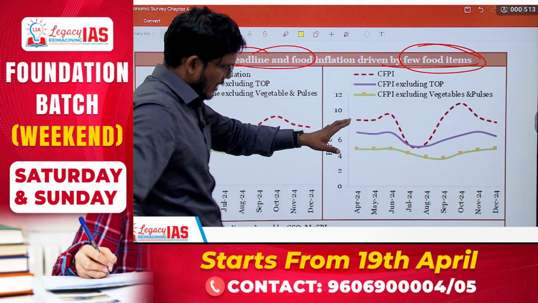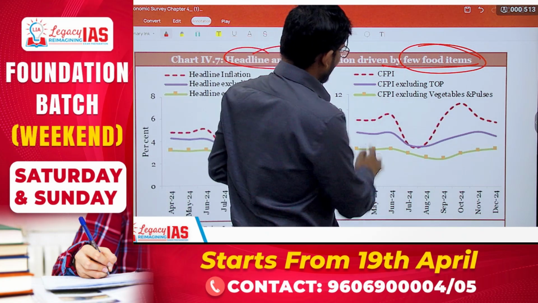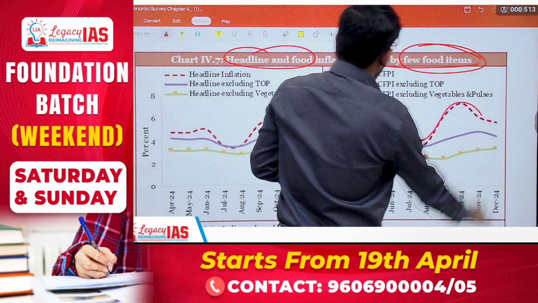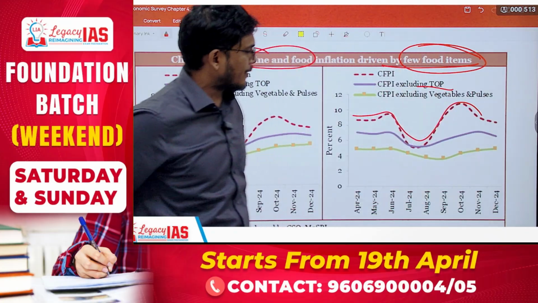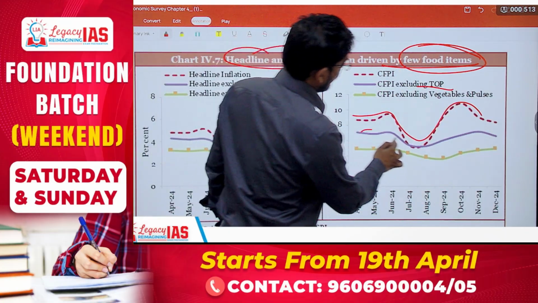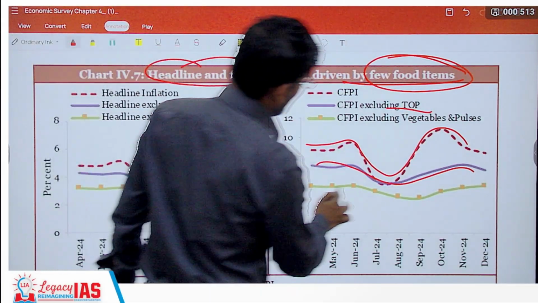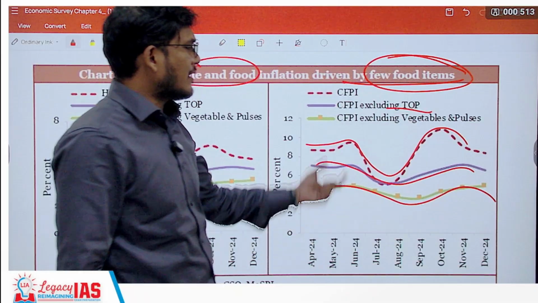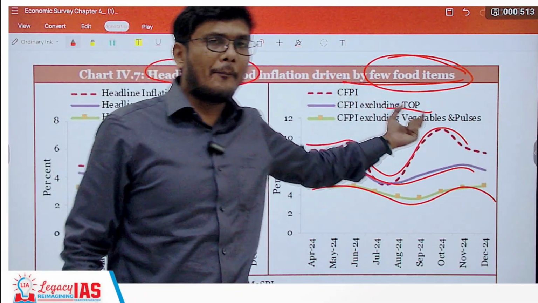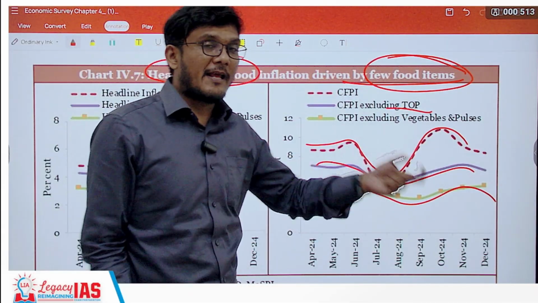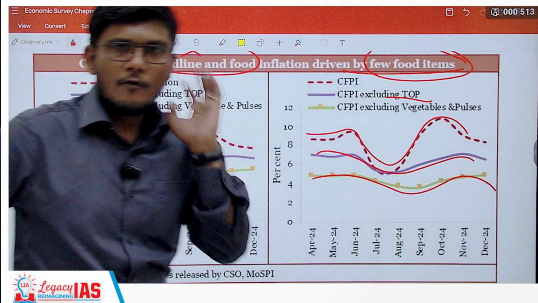You can clearly see here the consumer food price index. Now, the consumer food price index excluding tomato, onion and potato goes down. If you exclude all the vegetables and pulses, it goes further down. So vegetables and pulses are playing the most important role, and among them, tomato, onion and potato are playing a major role when it comes to food inflation.